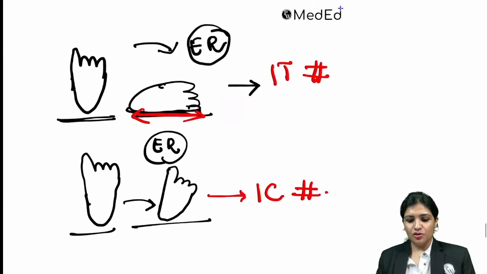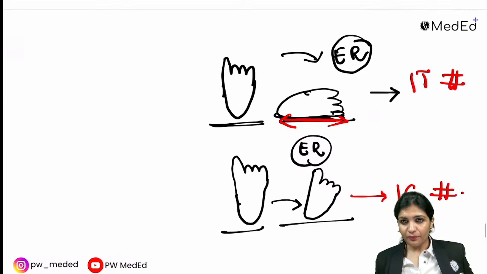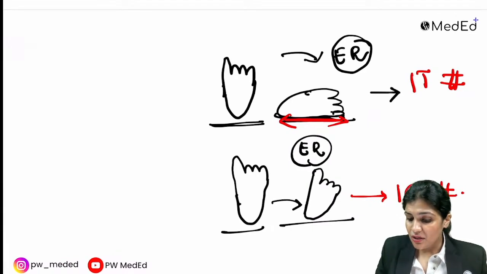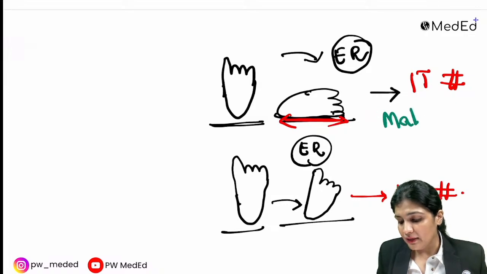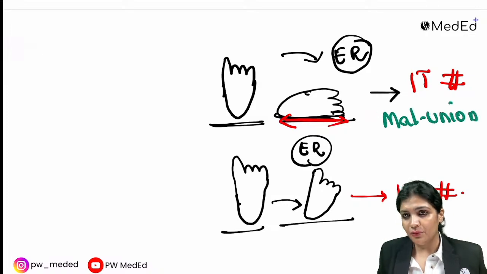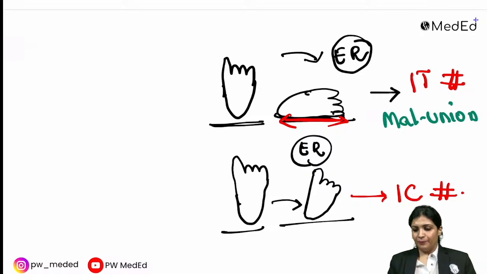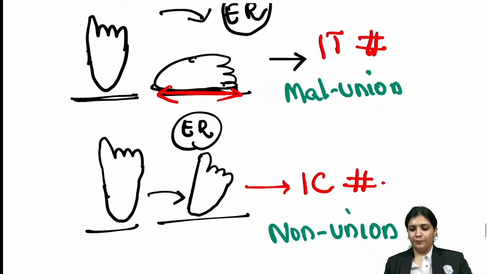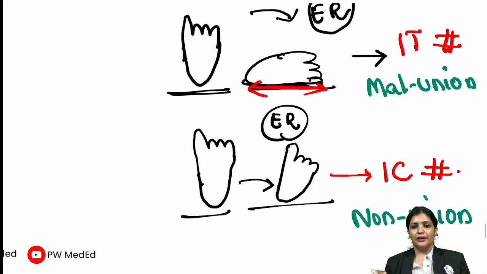Regarding the unions, you see this complication. So in IT, you see what is called malunion, and in IC fracture, you see non-union. So why a non-union and why a malunion? In case of this IC fracture, it is an intra-articular fracture.